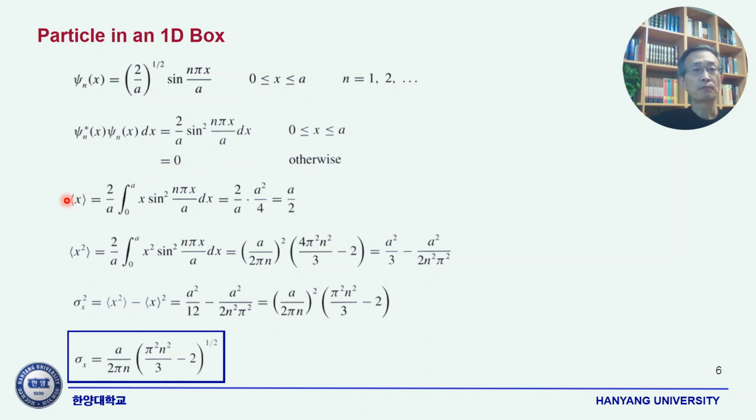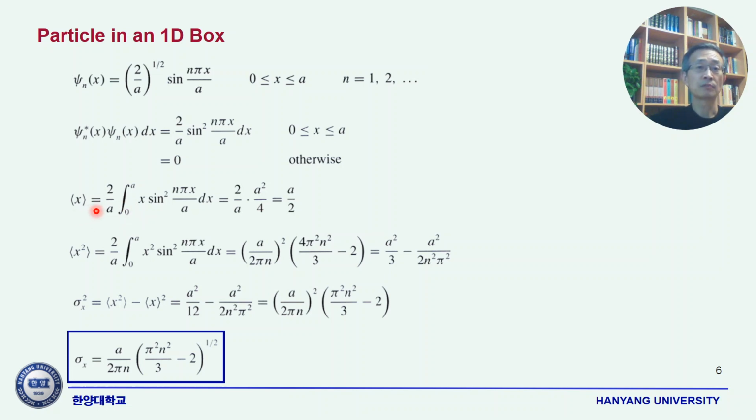So now what you can do is this angle bracket x, meaning, you remember that this is called the first moment of x, and x squared is the second moment of x. The first moment of x is actually the average value. In order to obtain the average value, you take the value times the probability and sum it up over all regions. That's the normal way we obtain the average value.